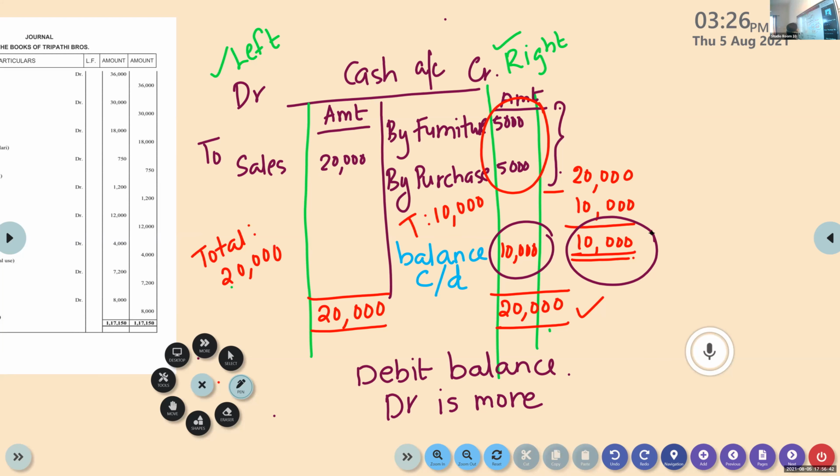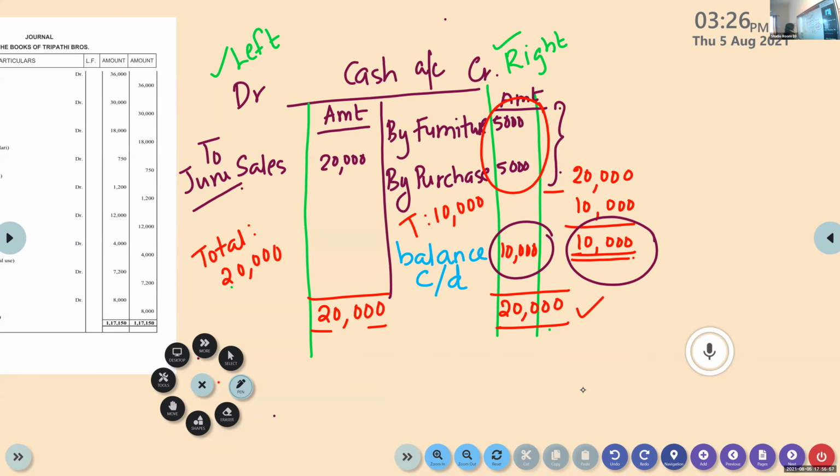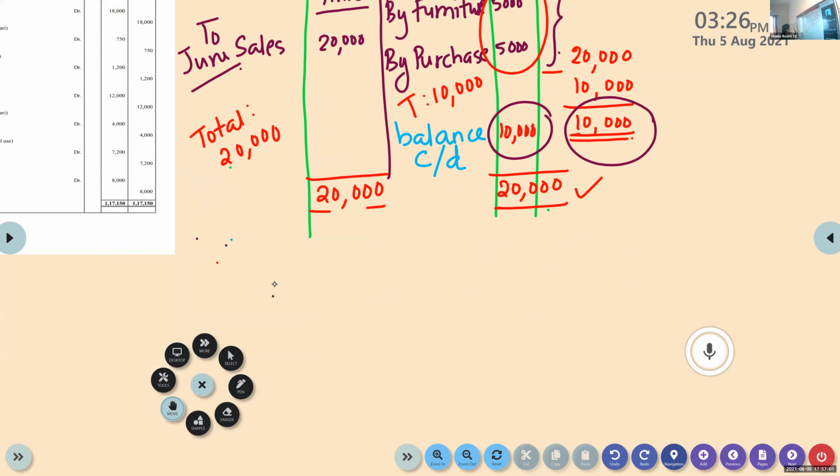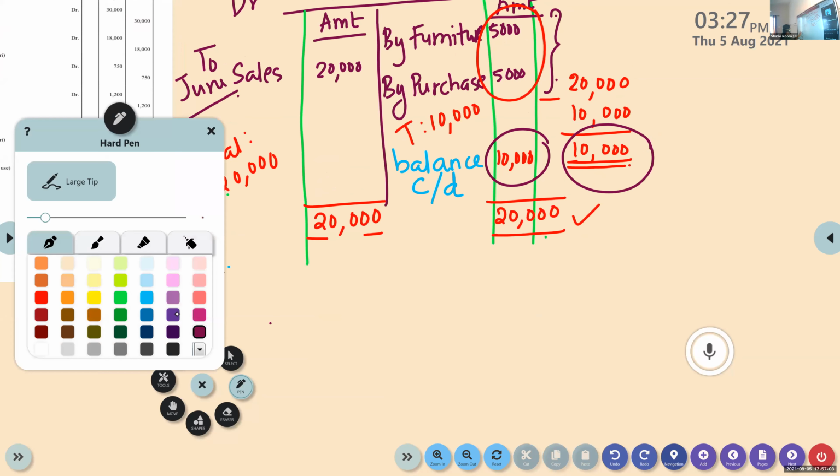Balance carried down. Now, suppose this is the date, I haven't given the date. Suppose it is the month of June. These are all the transactions related to the month of June. Now, when we open the account of July, this June cash account preparation is over.